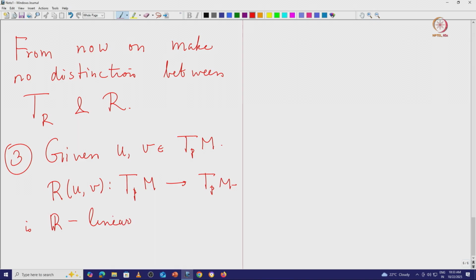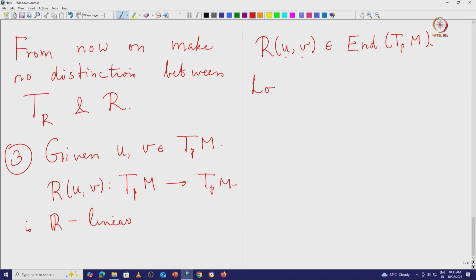So if you fix u and v, then R of u and v can be thought of as an endomorphism of the tangent space at that point. This is the reason that this R is called the Riemann curvature endomorphism. Because if you fix the first two entries, you can think of it genuinely as an endomorphism of the tangent space at that point.